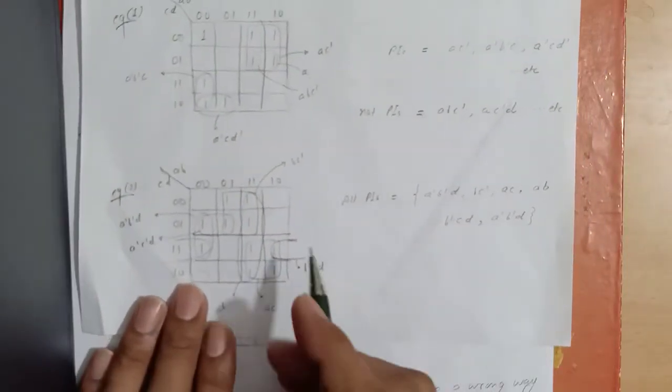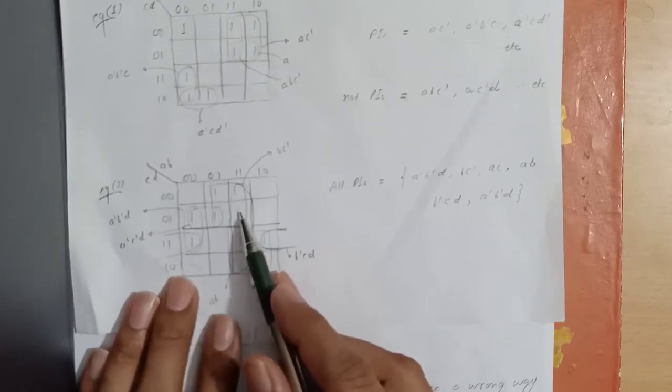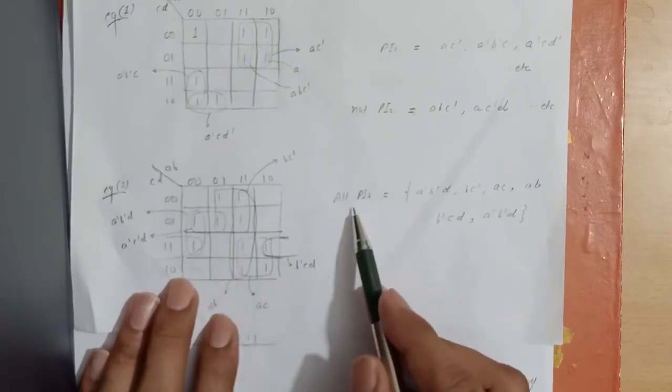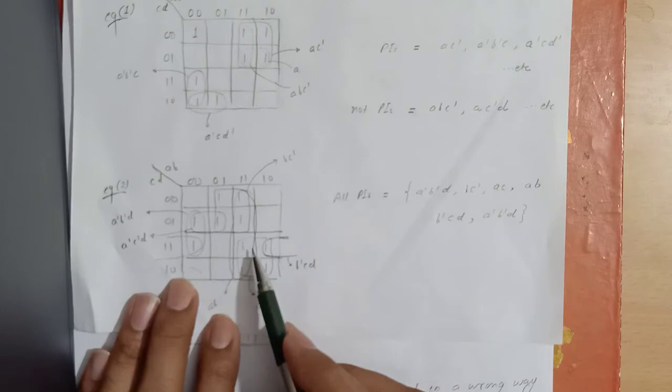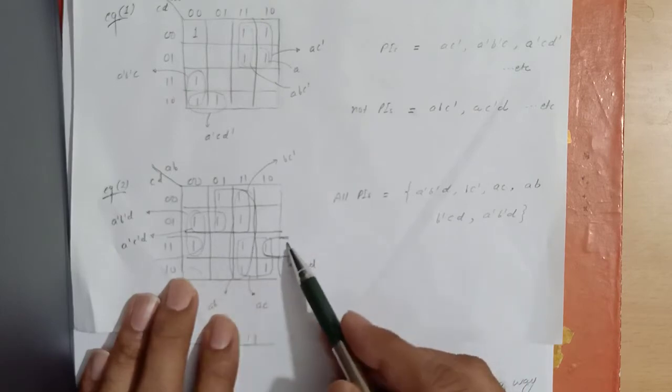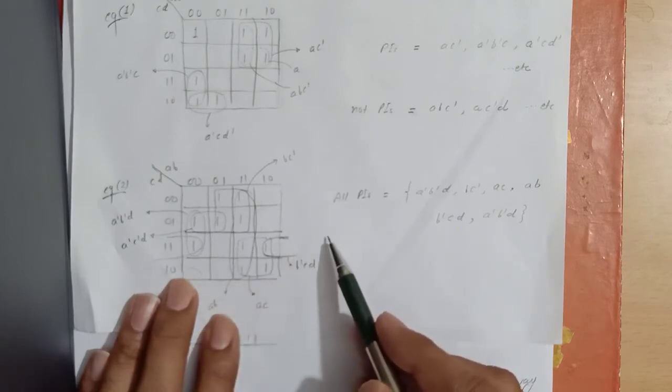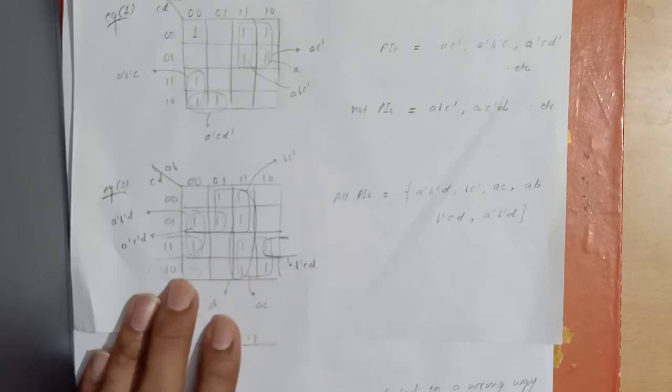In this example, we have found all the prime implicants of this map. Now we have to find the minimum expression for this K map. So I will solve this.